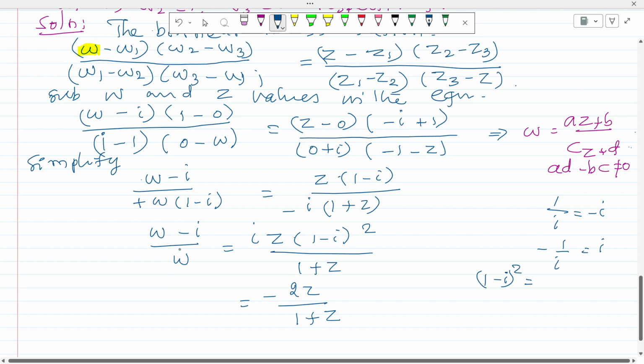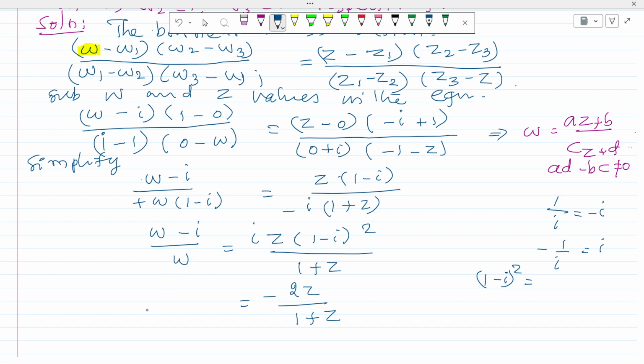And then W minus I by W is there. How can we write the W minus I by W? This can be written as W by W minus I by W. That means 1 minus I by W.